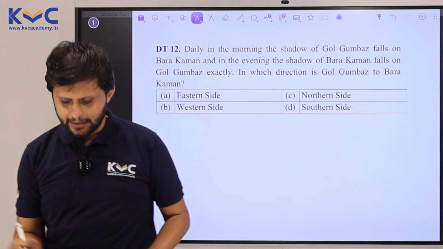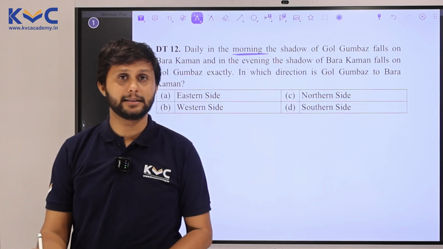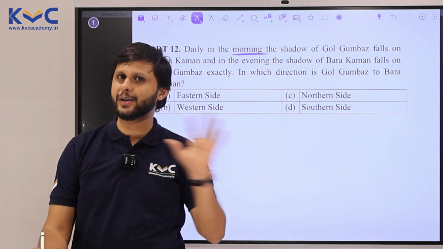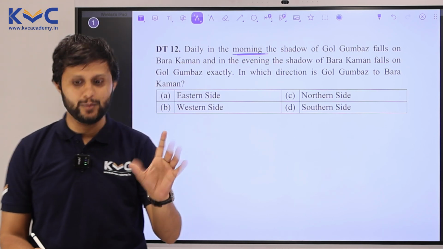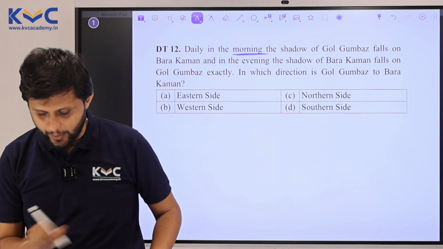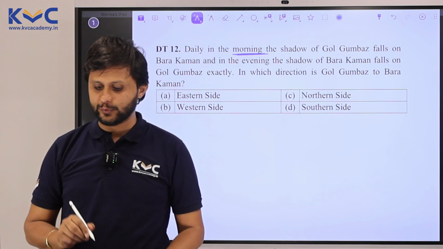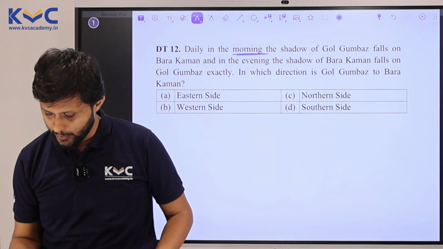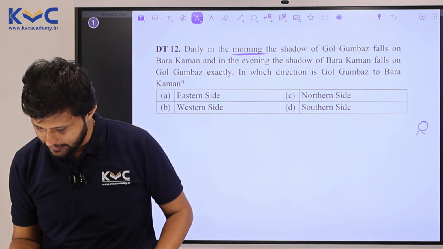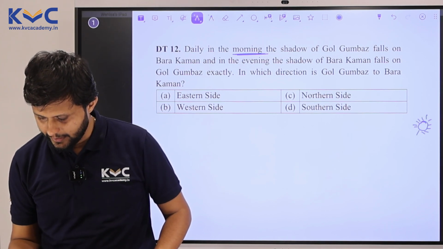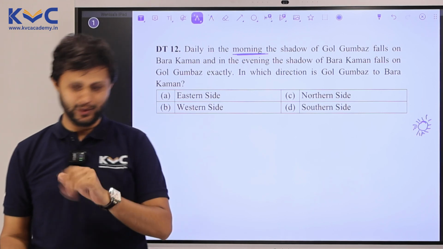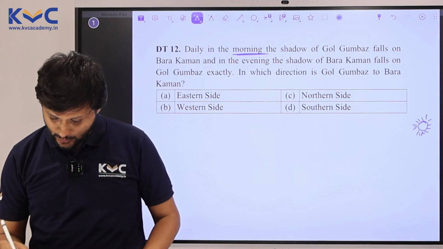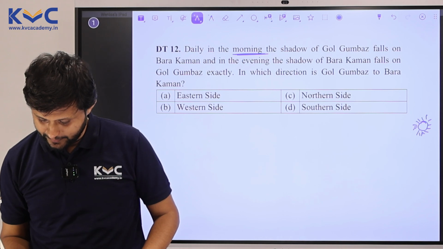Daily in the morning. This is important. Earlier I told you evening was important because sun sets in the west. So daily in the morning the shadow of Gol Gumbaz falls on Baba Kaman. So sun is over here, correct? Okay, assume it is sun. In my picture it doesn't look like sun. So there is Gol Gumbaz over here.